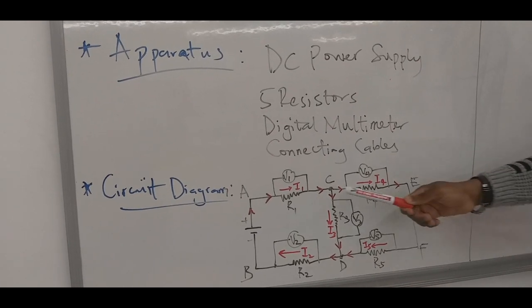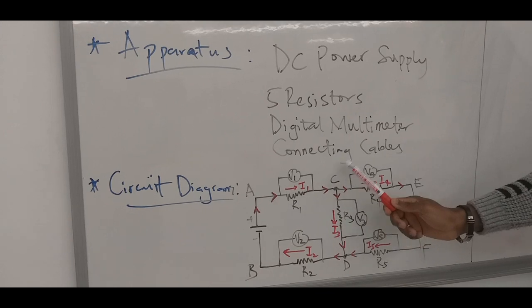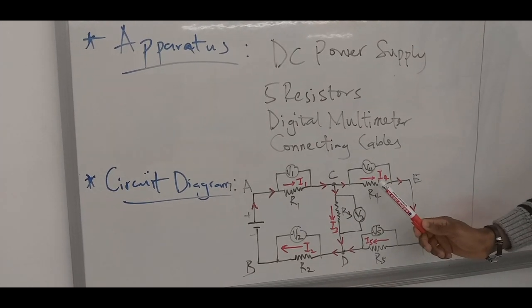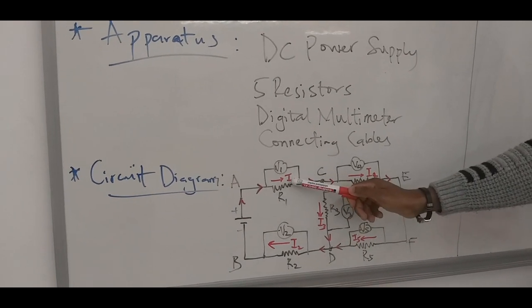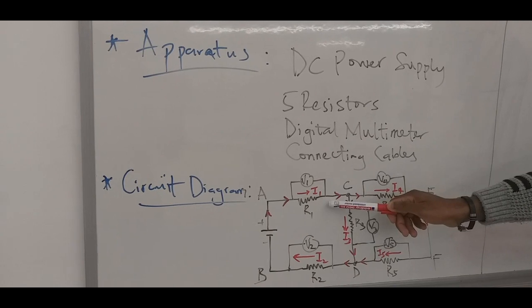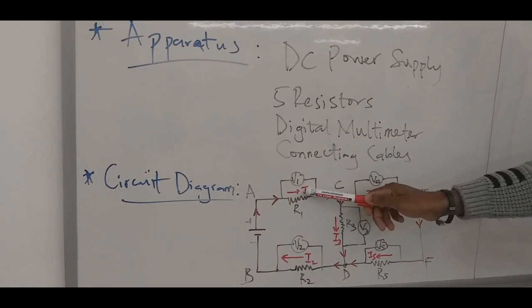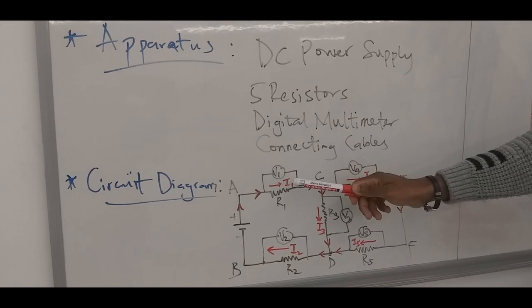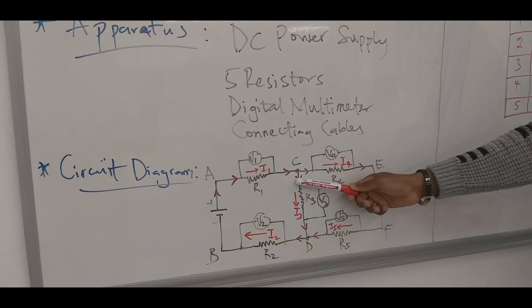Good. So you can see the direction of current. For the R1 that is connected, one end of R1 is connected to one end of R4. This is here. Now this is I1, you can see the current flowing. Look at the board, please.